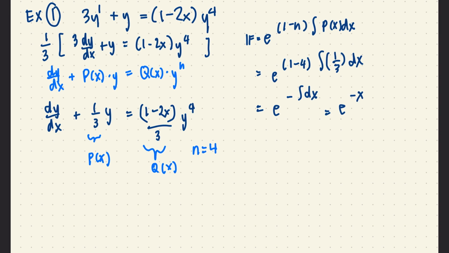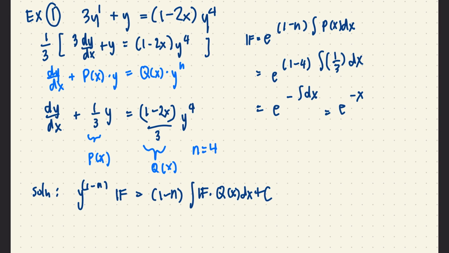Putting this into the solution, since it's Bernoulli in y, y raised to 1 minus n times the integrating factor is equal to quantity 1 minus n, the integral of the integrating factor times q of x dx plus c. So we just substitute what we know in the equation. N is equal to 4.